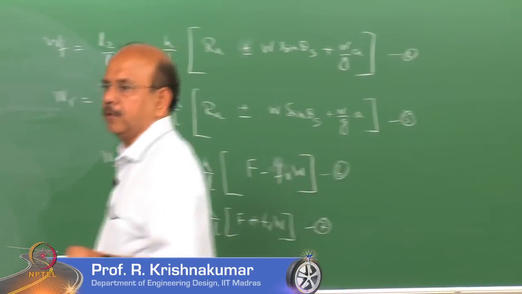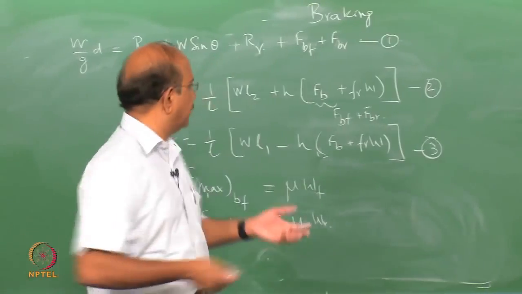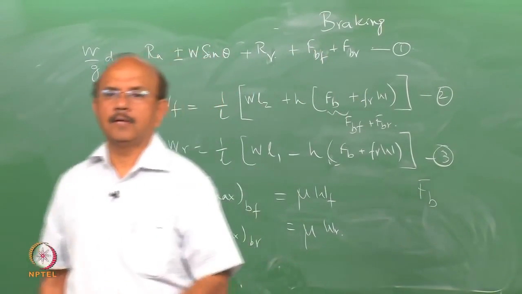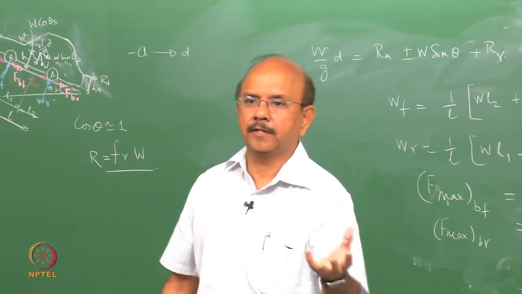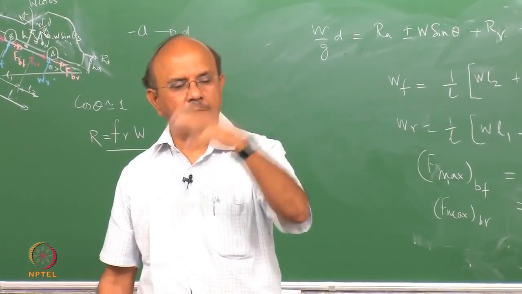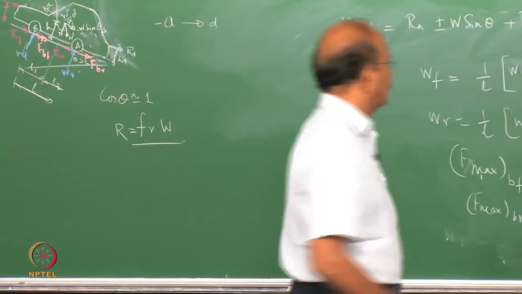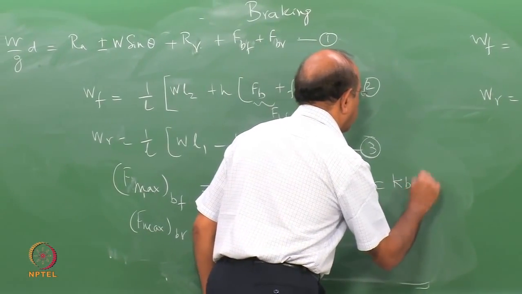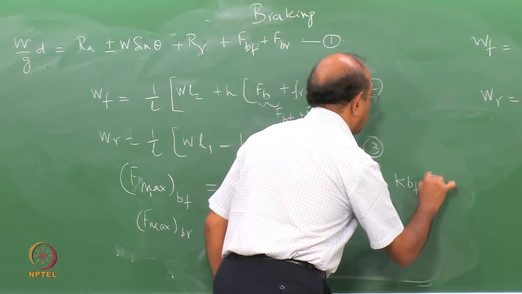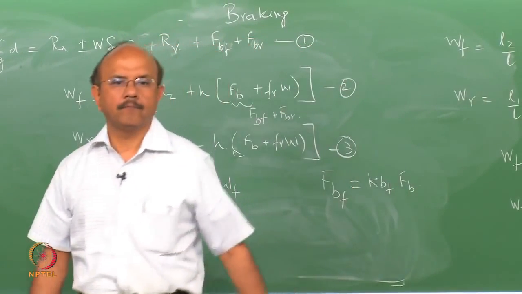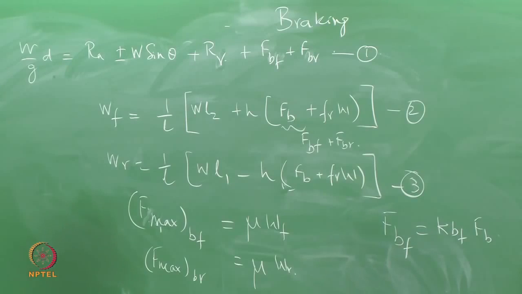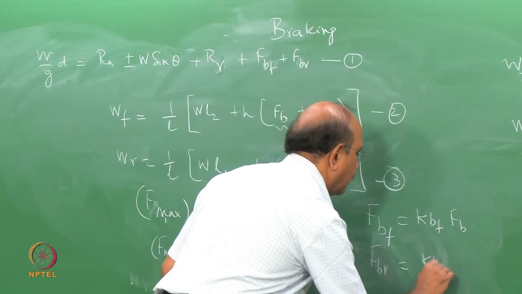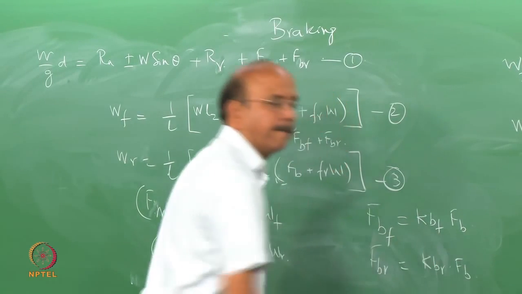If I say that the total braking force is Fb, a fraction of the total braking force is applied to the front and a fraction is applied to the rear. Let me call that fraction at the front Kbf into Fb, and the fraction at the rear Kbr into Fb.